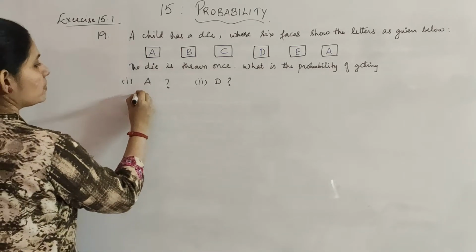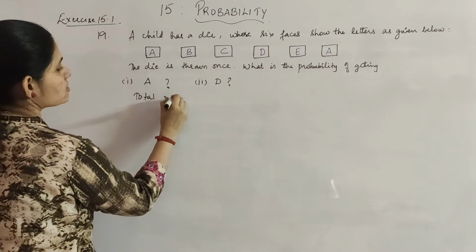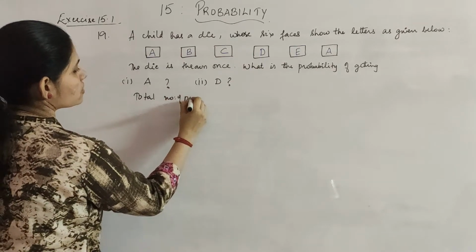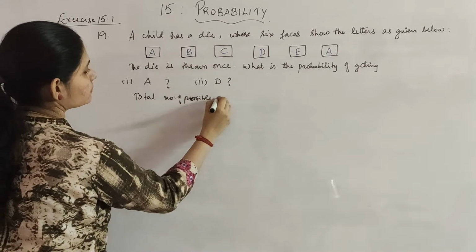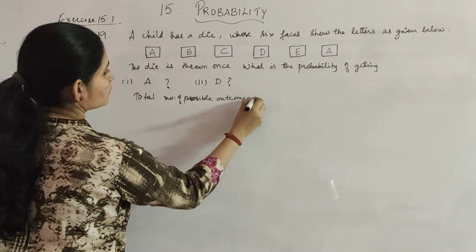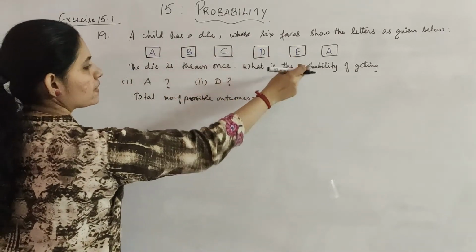So when you say that what will be the total possible outcomes, total number of possible outcomes will be 6. 1, 2, 3, 4, 5, 6.